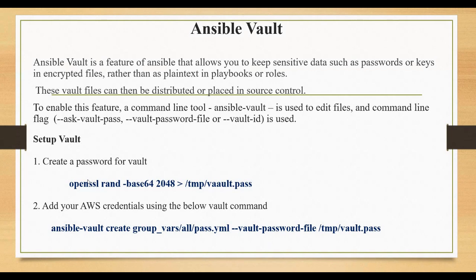To set up the vault, first we need to create a password for the vault using openssl rand -base64 2048 > /tmp/vault_pass. And to add our AWS credentials, we use the vault command ansible-vault create group.